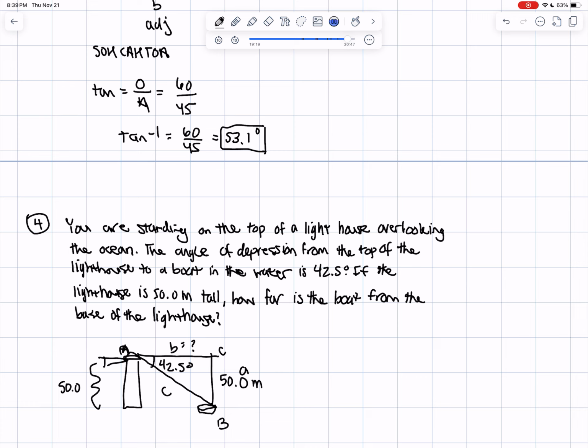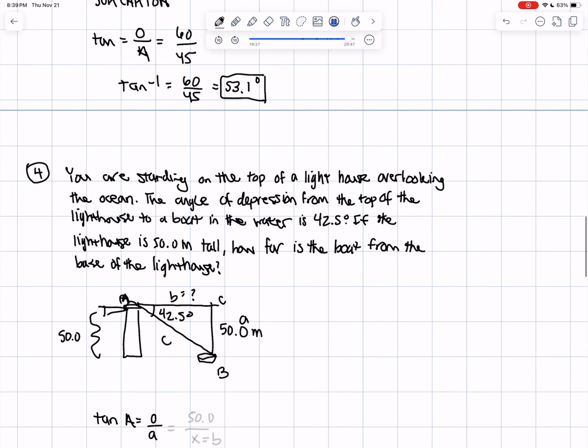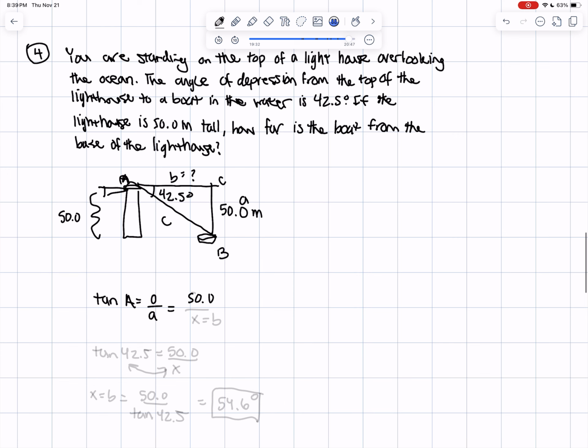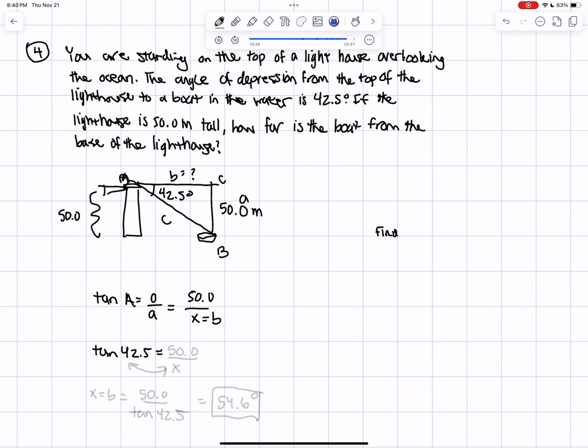Again, I only have opposite and adjacent from A, so that means I have to find tangent of A, which is opposite over adjacent. And my opposite is 50 meters, right? And my x is the little b. But then how do I find B? The tangent of A is 42.5. And we have x here. What's going to happen is these two can switch to solve for x or b here.